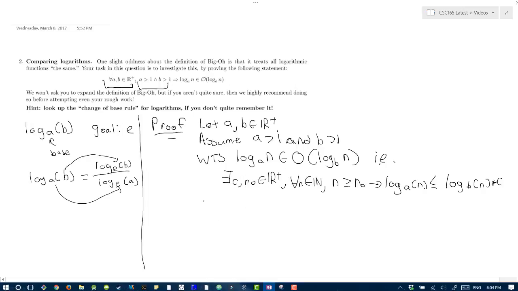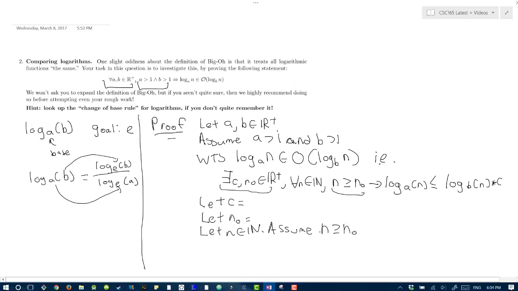So in order to show that, well, we have two existentials here. So we let C equal something, we leave that blank for now. Let n naught equal something, also leave that blank. Then we let n be an arbitrary natural number, and assume that n is larger than or equal to n naught.